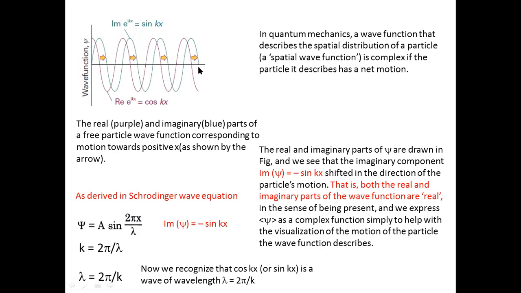That means if it is moving in the x direction, it is going to produce two waves. One is called the real wave, which is in purple over here, and one is called the imaginary wave. So real and imaginary are just a description over here, but as explained over here, both are the real and imaginary parts of the wave function.